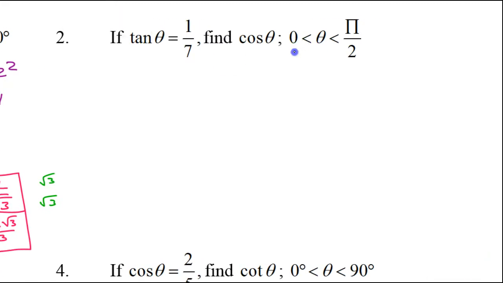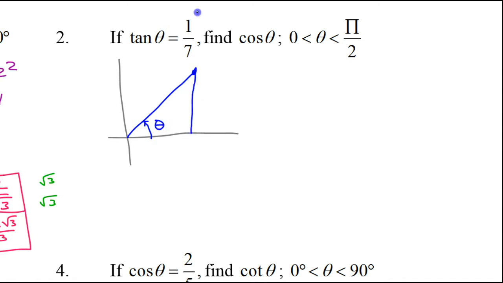First of all, we're talking about between 0 and pi over 2. So that is the first quadrant, so let's just draw ourselves a picture in the first quadrant. Okay, there you go. So here's our faithful theta right here.